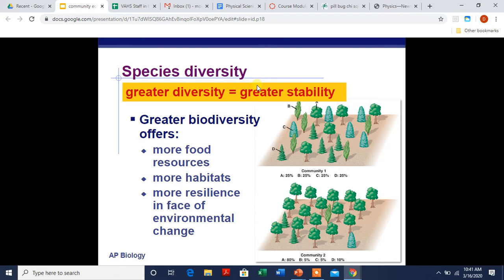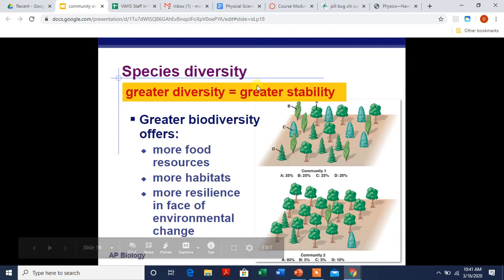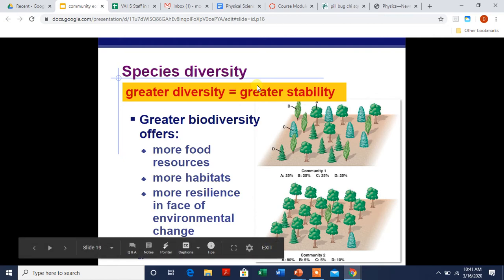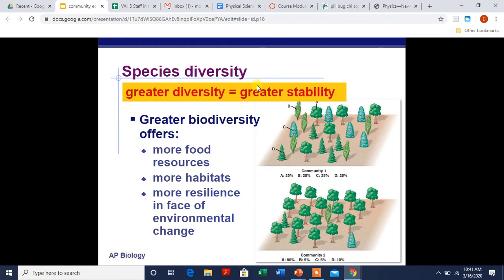So for example, if you look at number 1, this picture up top, there are 4 different species, A, B, C, and D, in this given area. All right. If you look at the bottom picture, number 2, there are also 4 different species, A, B, C, and D, in that area. So the top picture and the bottom picture, if these were communities, have the same species richness score.